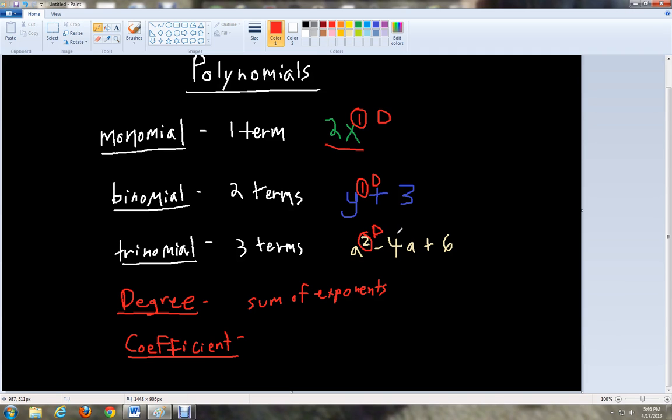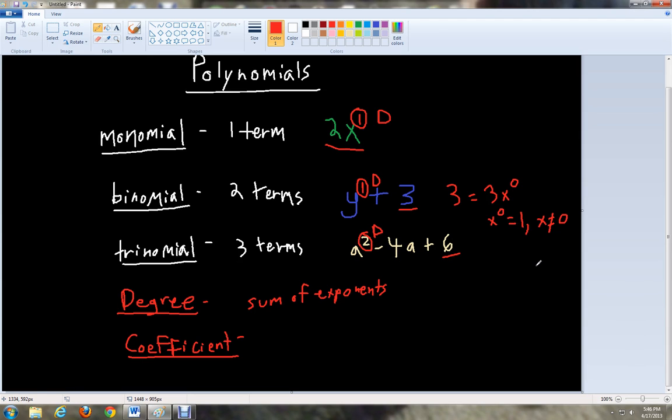But what about constant terms, like we have 3 here and 6 there? What are the degrees of constant terms? Well, the degree of a constant term is always 0, and let's see why. If we have 3, we could say that 3 is equal to 3 times x to the 0 power. And x to the 0 power equals 1 for any x that's not equal to 0.